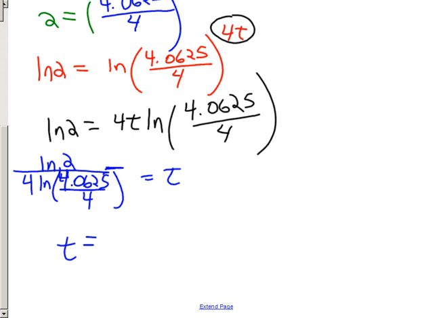We get an answer of 11.177 years for this investment to double.